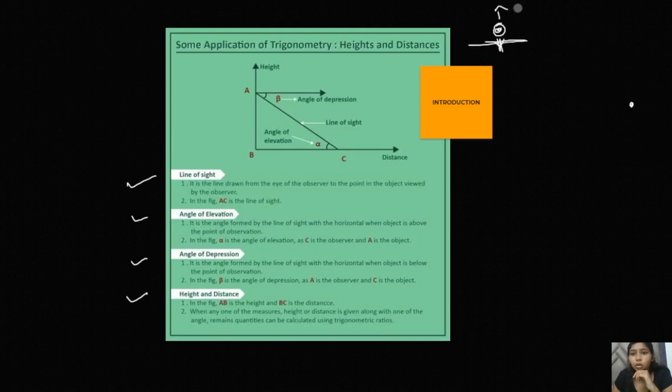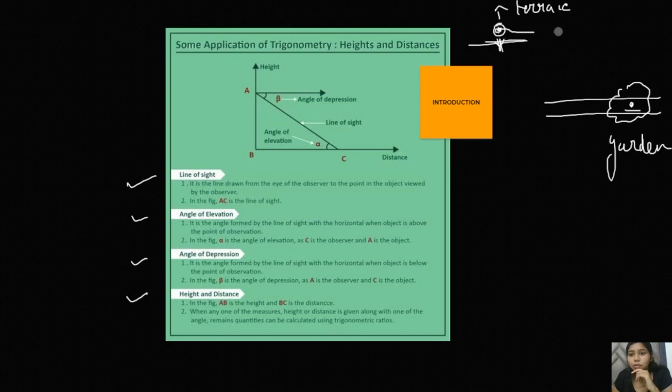They are standing on the terrace, and this is basically the road, and there is a small garden present on the road. So the person is looking from here. This is the eyes of the person, and you have to draw a straight line from the eyes of the observer. This is basically the line of sight, from where a person is seeing anything.